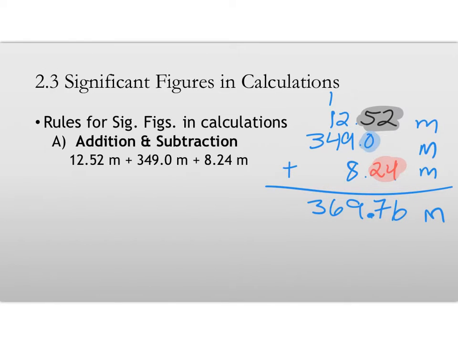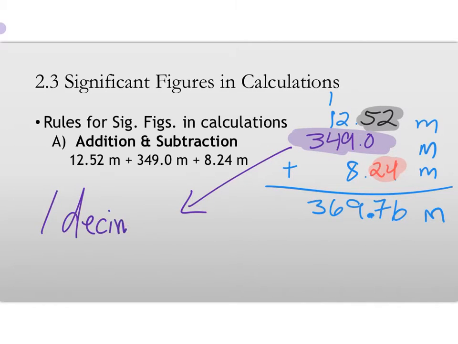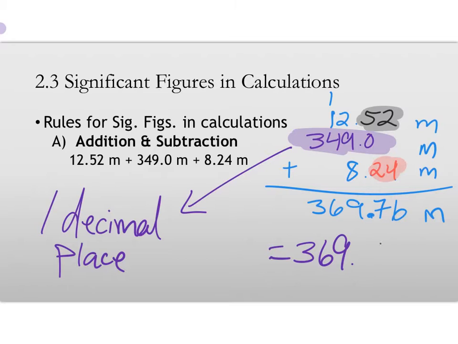So the answer has to be to 1 decimal place, because 349.0 only has 1 decimal place. So our answer is really 369.8 meters.